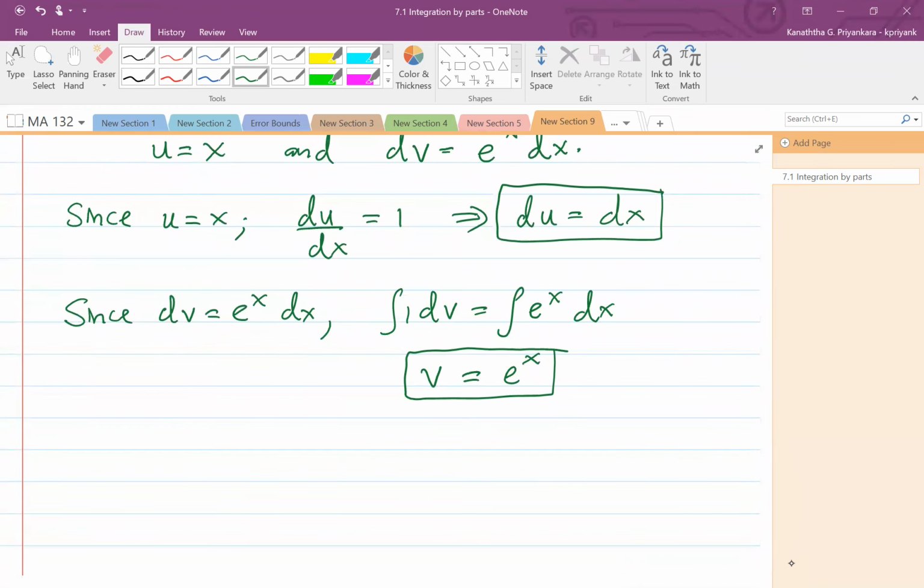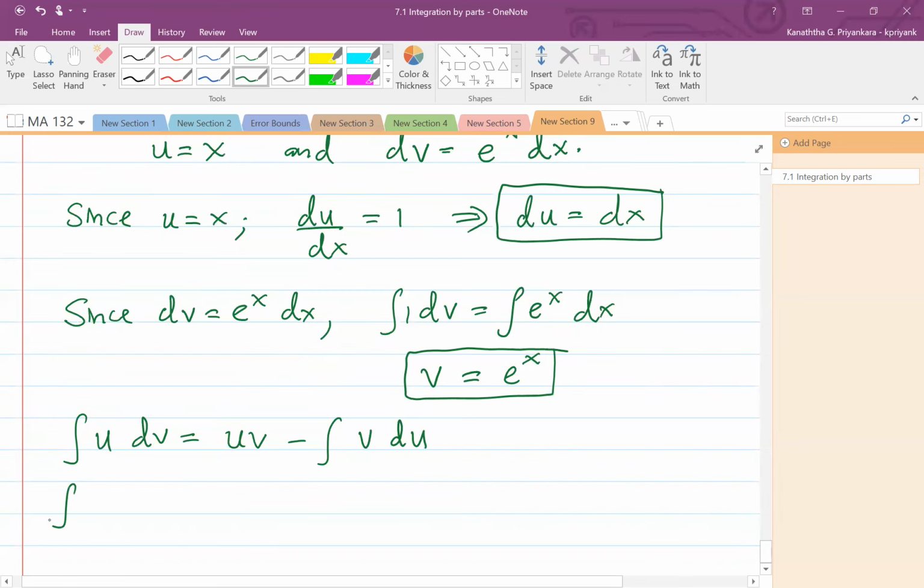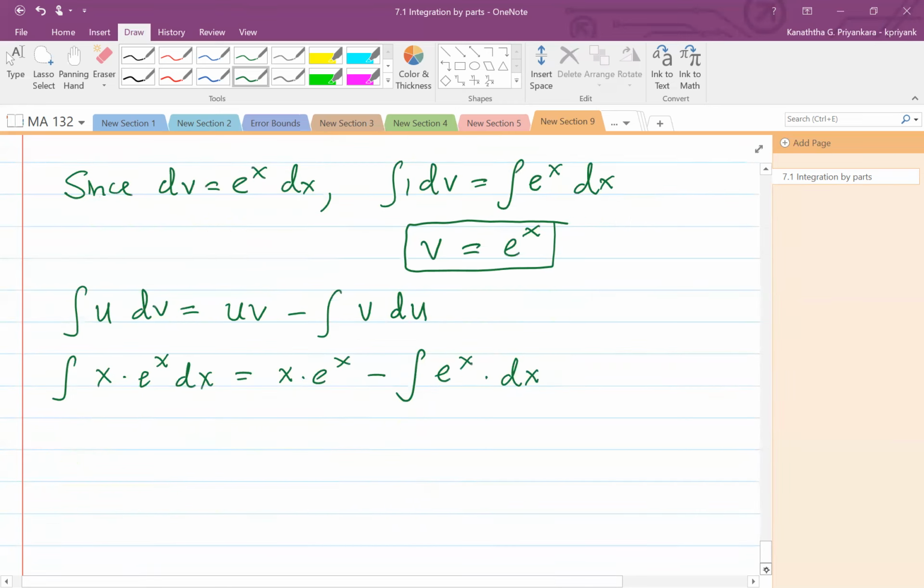Then we can apply the integration by parts. So we have integral u dv equals uv minus integral v du. So in this problem, u is x and dv is e to the power x dx, equals u, which is x, times v, which is e to the power x, minus integral v, which is e to the power x, times du, that is dx.